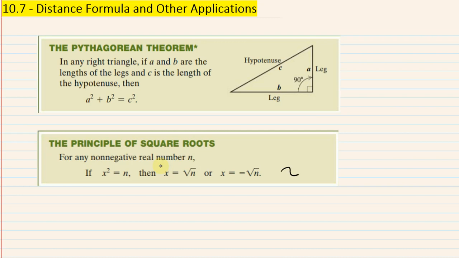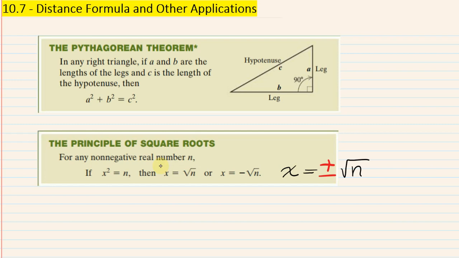Now sometimes we may write it in this form also. This is another popular form. You go plus or minus square root of n. Again, if you use this shorthand notation for the answer, then there's no need to separate them into two separate statements joined with the connective or.